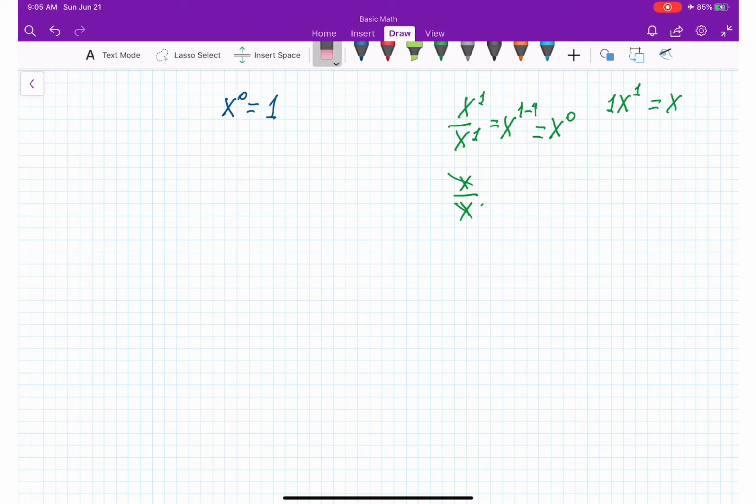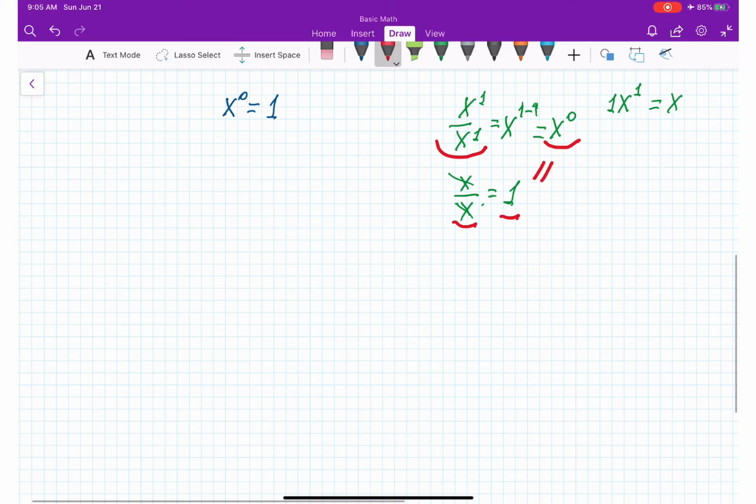Just put 1. So what do we get? x to power 1 divided by x to power 1 gives x to power 0, and x divided by x gives 1. So does that mean x to power 0 is equal to 1? Of course.